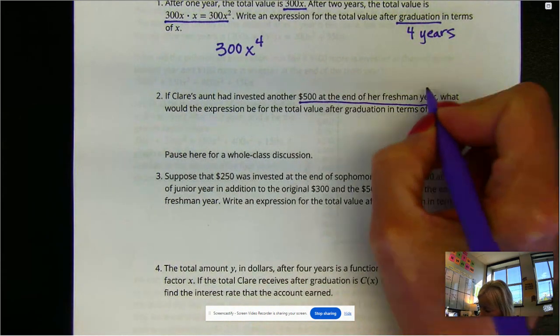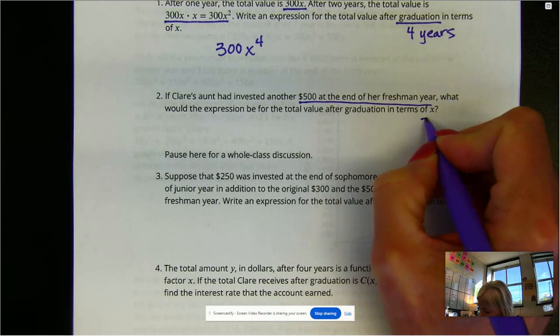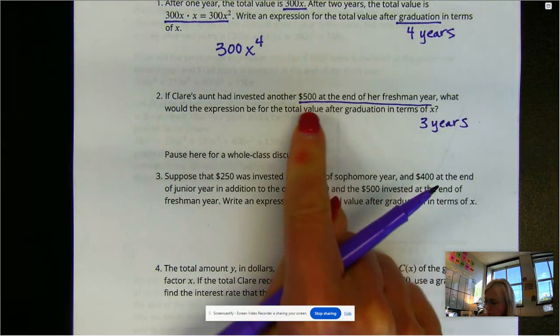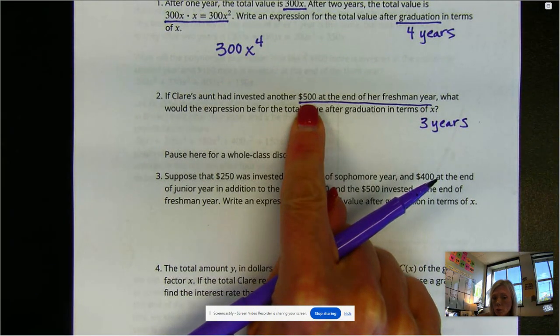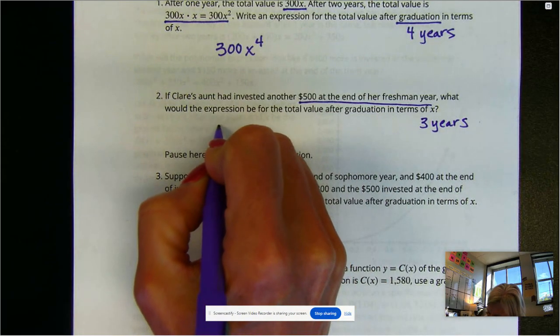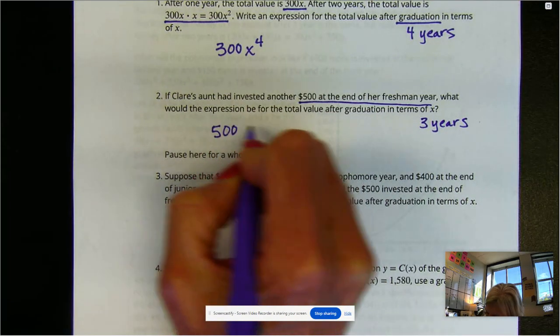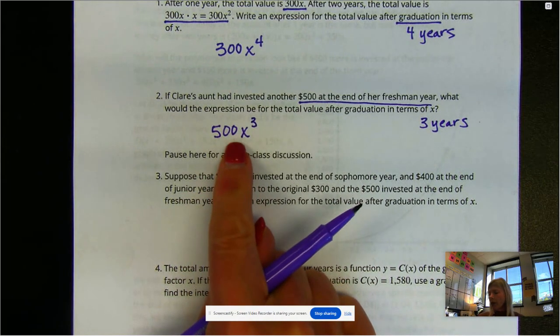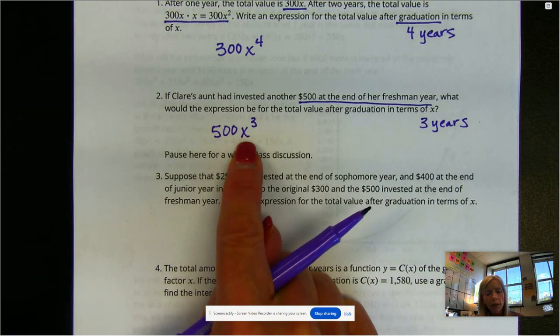So this amount of money is only going to earn interest for 3 years. So the expression would be 500x to the third. And we're multiplying. We don't need a multiplication symbol between a number and a variable. So 500x to the third means 500 times x to the third.